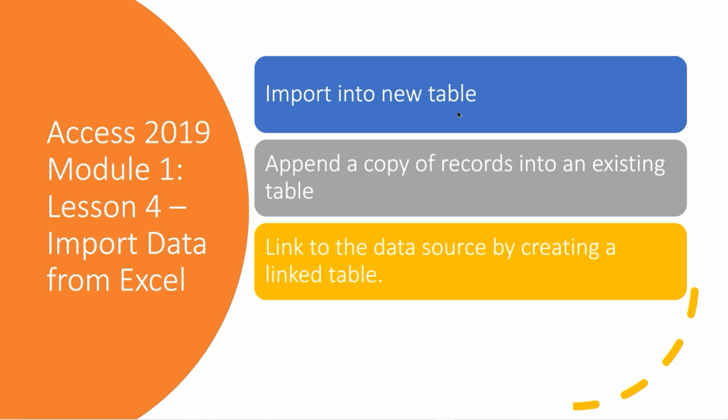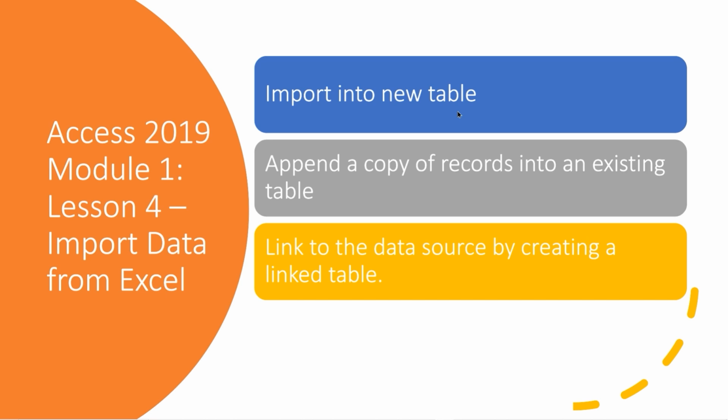So we've manually created 2 tables in Design View, and now we're going to use the Import Data from Excel feature to get the other tables that we're going to use in this database. When you import from Excel, you have 3 different options. You can import into a new table, which we're going to do next.